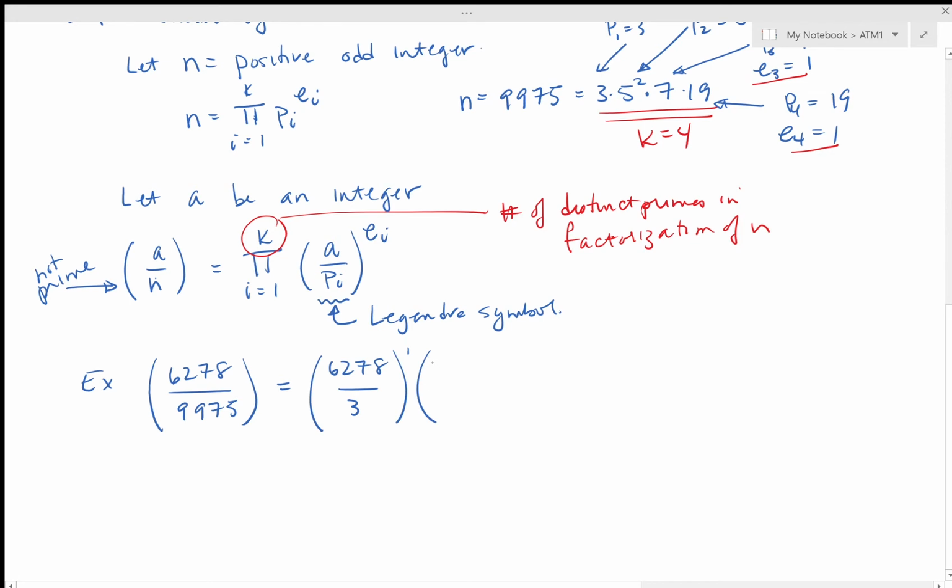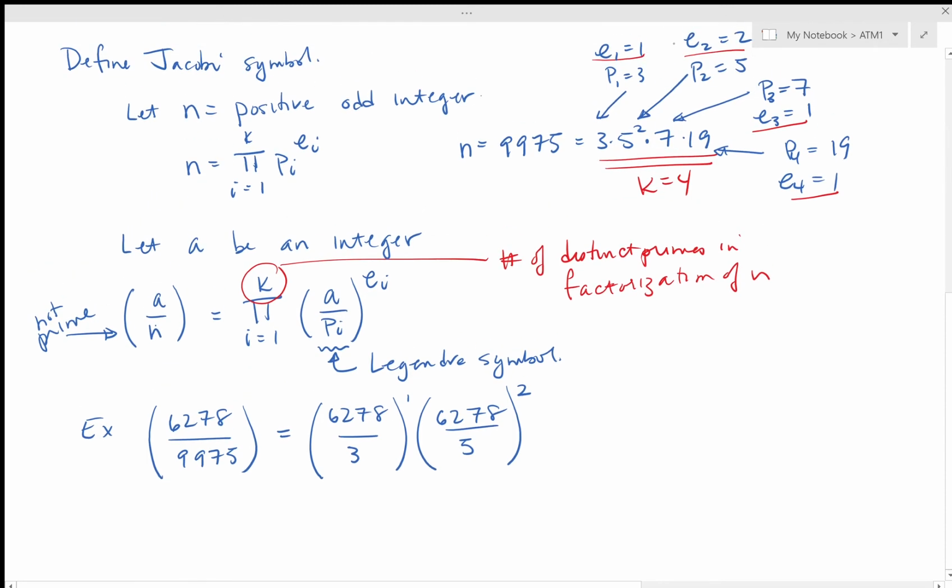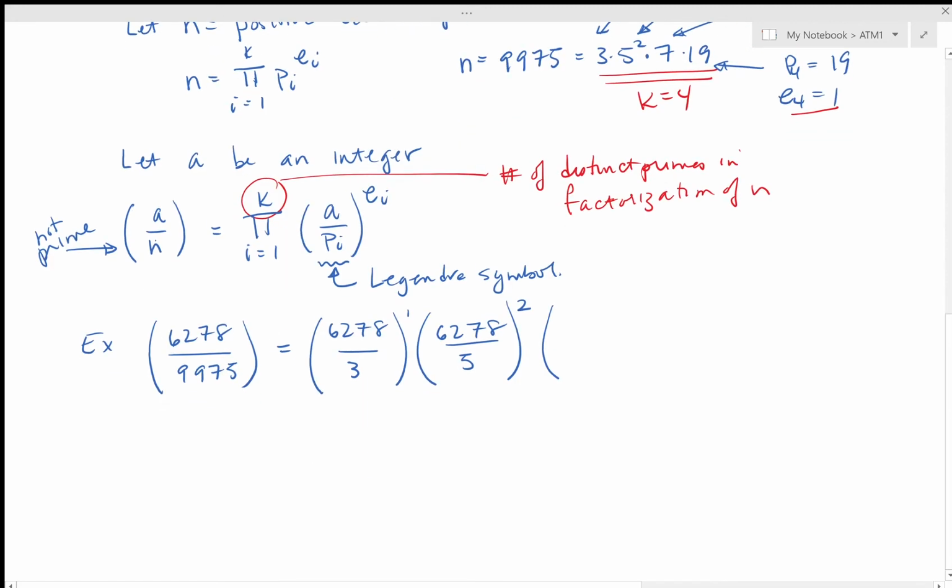And then we would do the next prime, 6278 over 5, and that we would square because of E2 in our calculation up here. E2 is 2, so that is squared there. And then we get the next prime, 7, 6278 over 7, and then 6278 over 19.